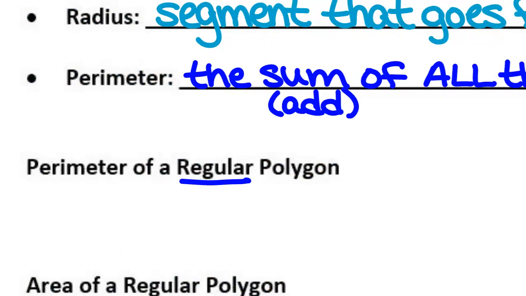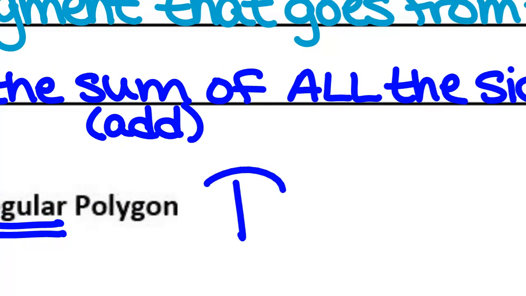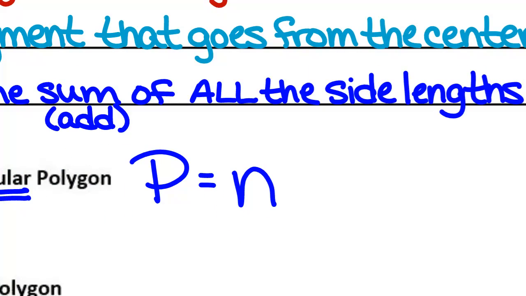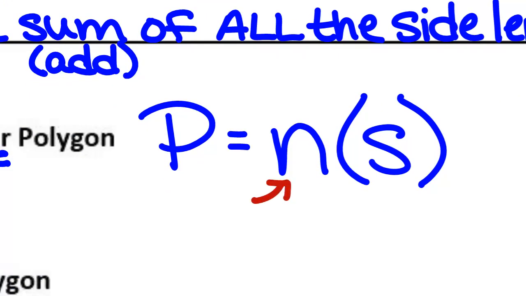Since in a regular polygon, all the sides are congruent, to find the perimeter, we can take the number of sides and multiply it by the length of one side.